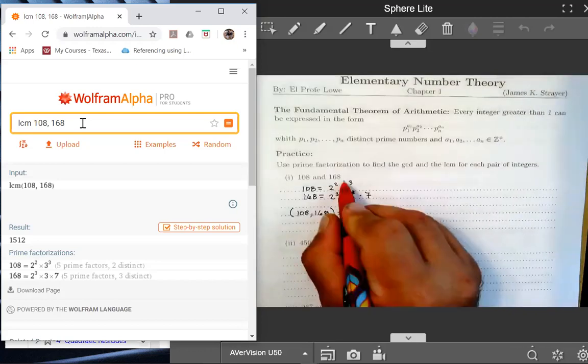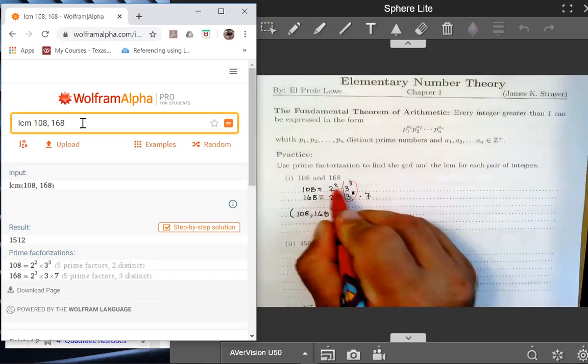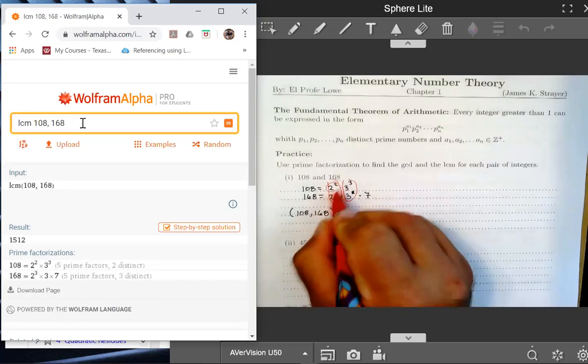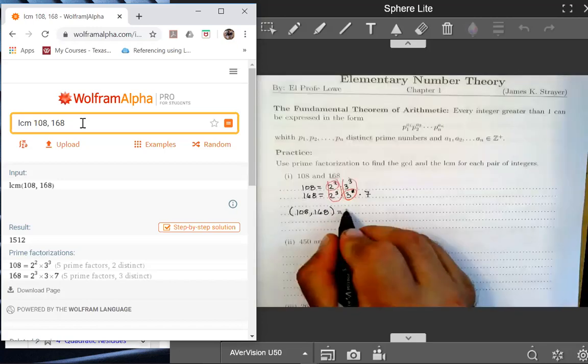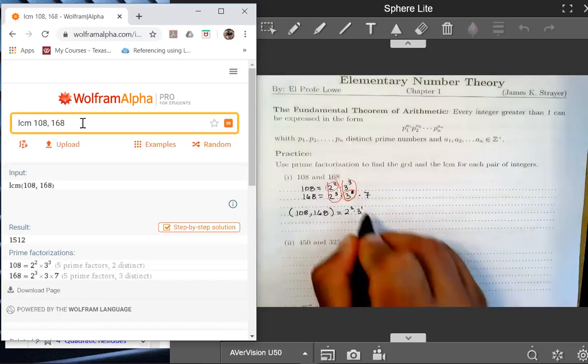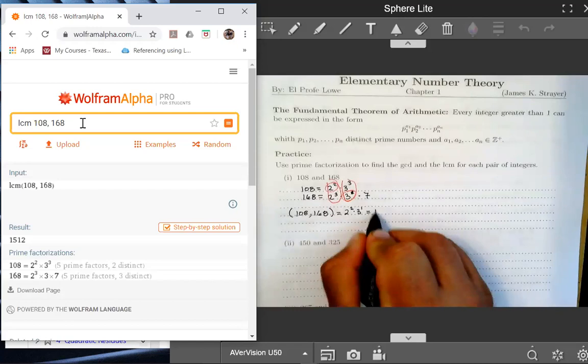So here and here. All right, and the one with the least would be there, and the one with the least would be there. So we'd have 2 squared times 3 to the first, which is 12.